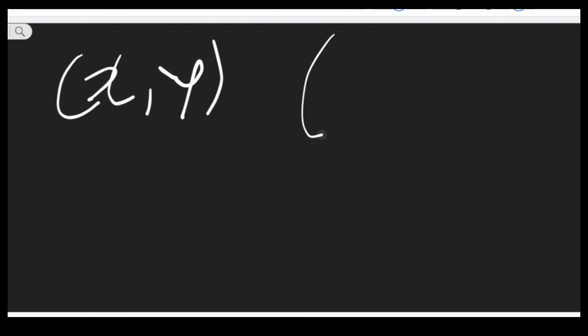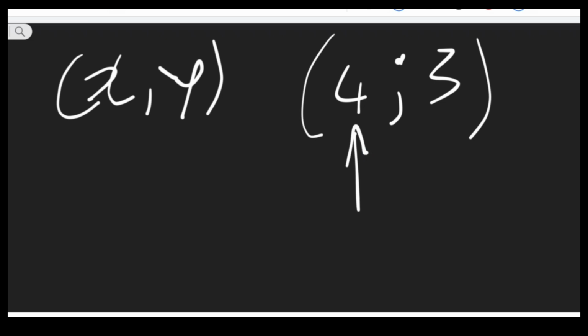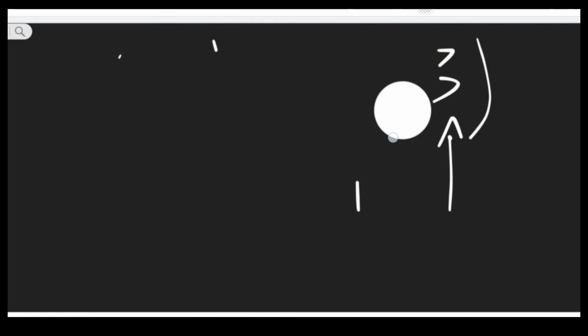So, if they give you (4, 3), this is x, this is y. And then how is that going to help us? From the Cartesian plane, this is the x-axis, this is the y-axis.